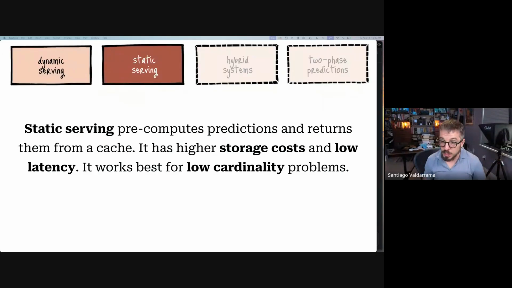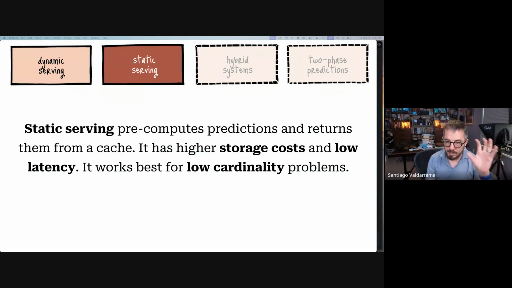And that brings us to static serving, okay, which is a little bit different. Here, the idea is that you are going to pre-compute predictions and save them in a cache. So when people ask you to do something, you're not going to be computing anything. You're just going to be retrieving from that cache, from that storage, and giving it to people.